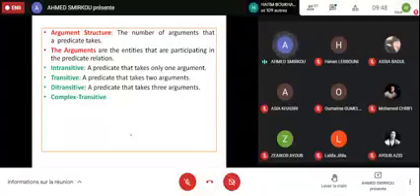Another example: they painted the wall blue. The wall is the direct object. What about blue? Blue completes the meaning of the wall.